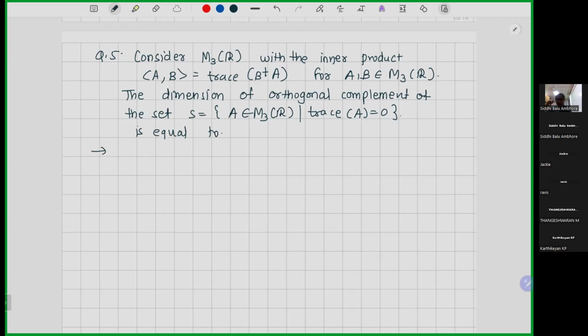Okay, so how to start with this? Again, this S perp is what? All those B in M3R such that the inner product of A comma B is 0 for all A in S, right?